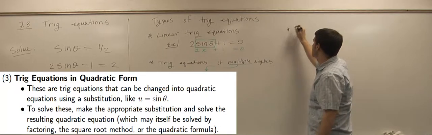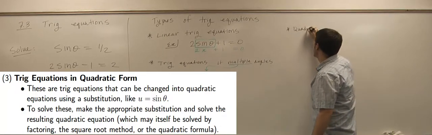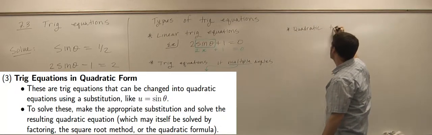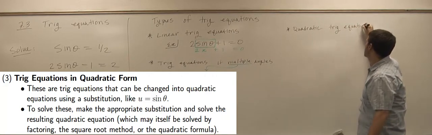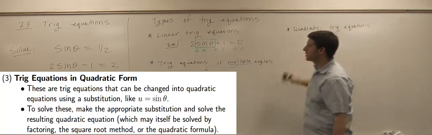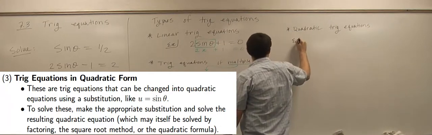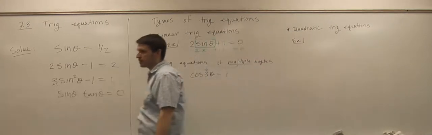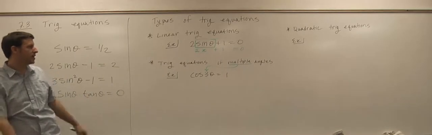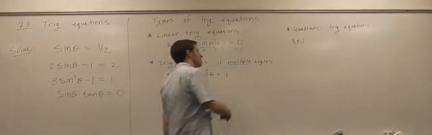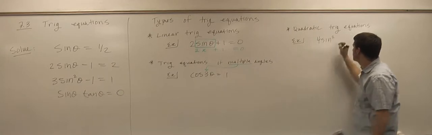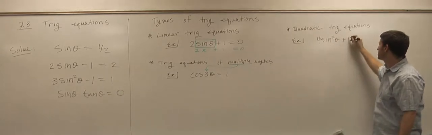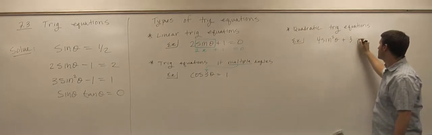Then you have quadratic trig equations. What do you think that means? Quadratic. Squared trig function. Right? Quadratic equations have squares in them. So something like 4 sine squared theta plus 3 equals 0.